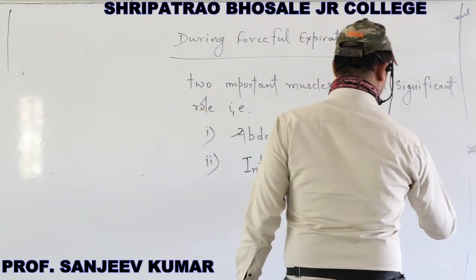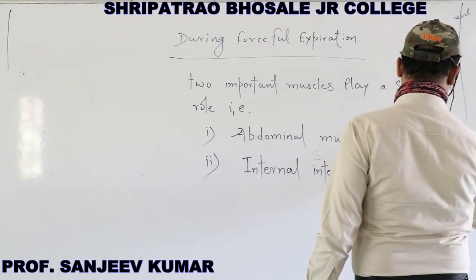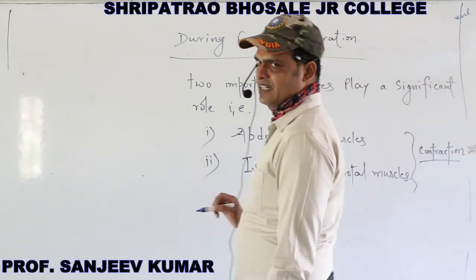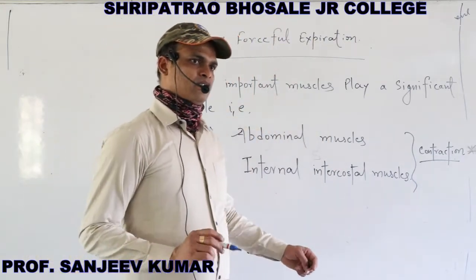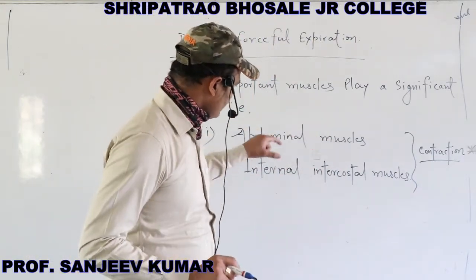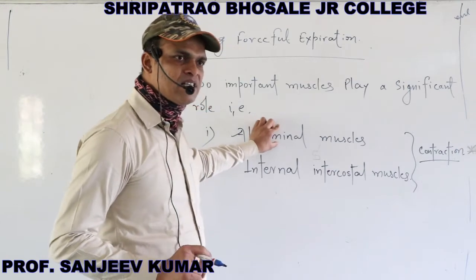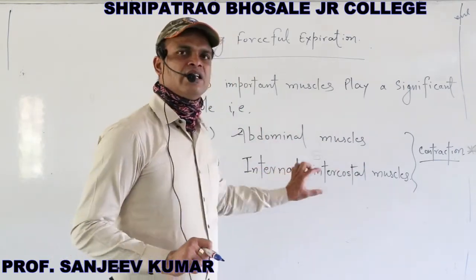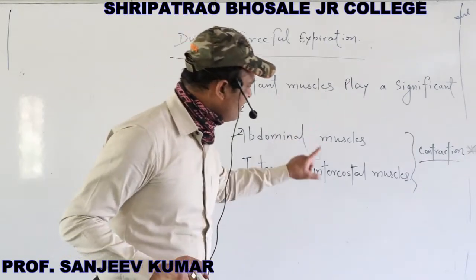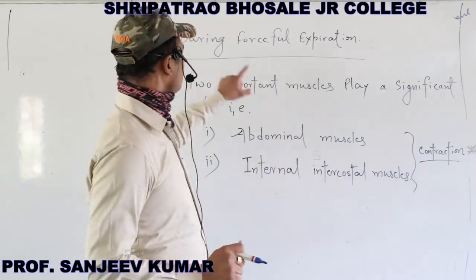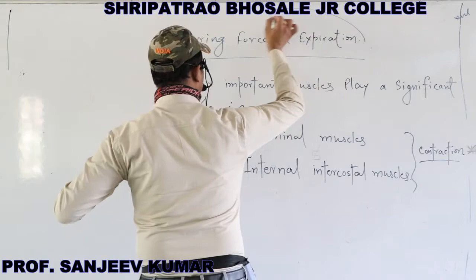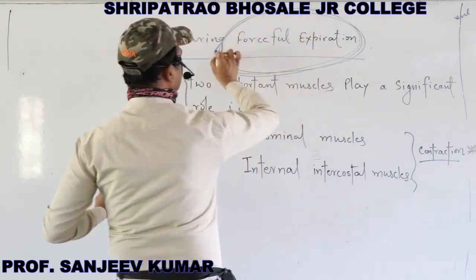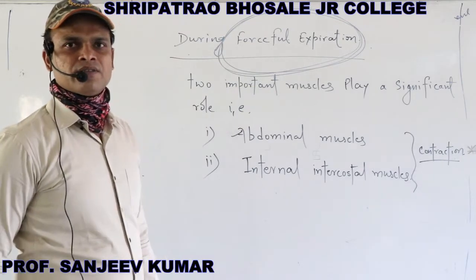So we can say that contraction in abdominal muscles as well as contraction in internal intercostal muscles is the responsible factor for forceful expiration.